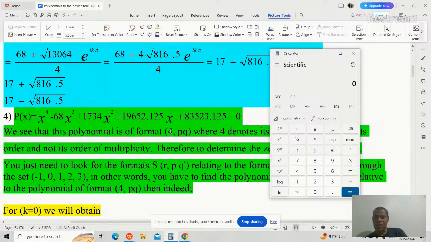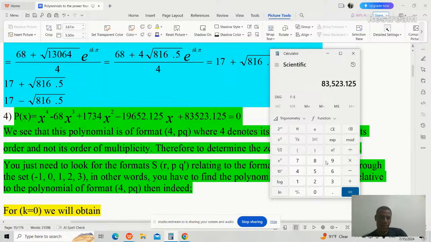I'll just do it like that. I will start now, learners, from 83,523.125 and come to the left hand side.